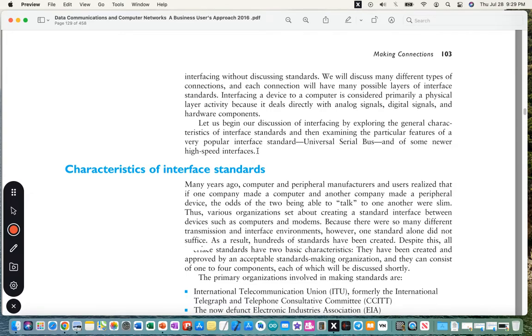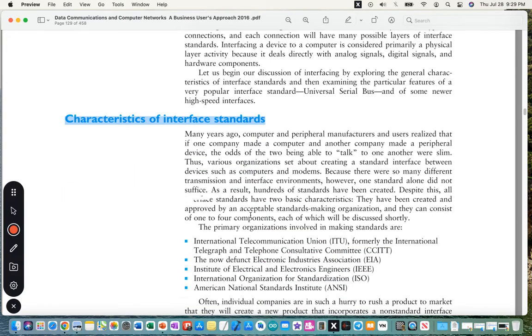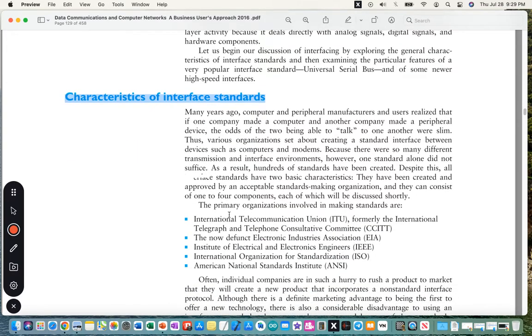And we have different interface standards. The primary organizations involved in making standards are ITU, EIA, IEEE, the ISO standards, and ANSI. ANSI is American, all right?